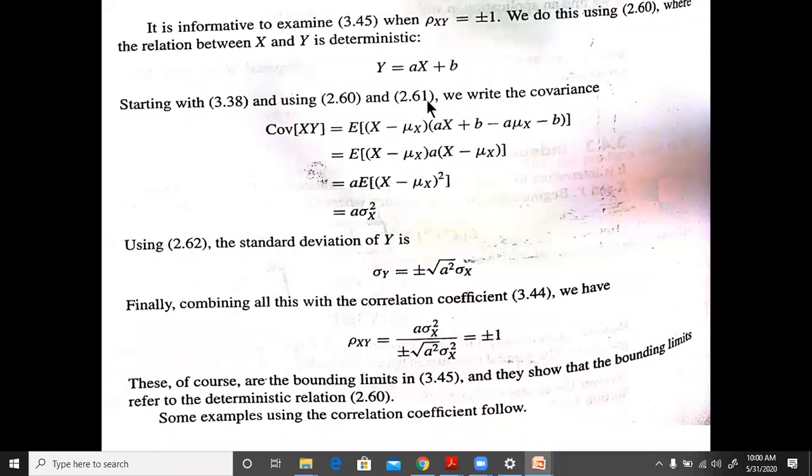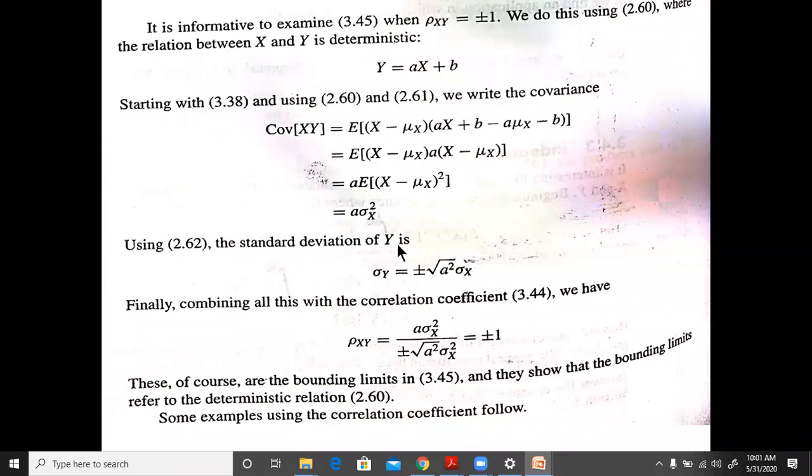Y is nothing but ax plus b, and mu y will be a mu x plus b, so minus mu y is the value mentioned over here. You can take out a and simplify. Plus b minus b will cancel, and a is common, so a comes out, and x minus mu x is what we'll have. Because a is a constant, it can come out totally, leaving E of (x minus mu x) whole square, and this quantity is sigma x square.